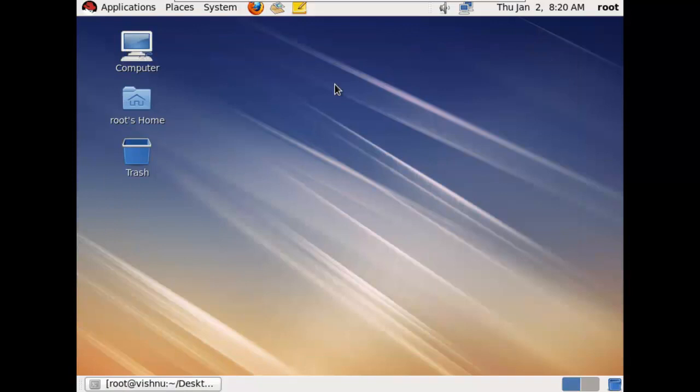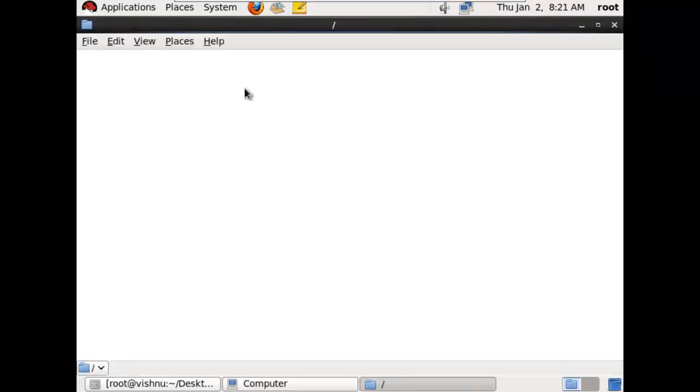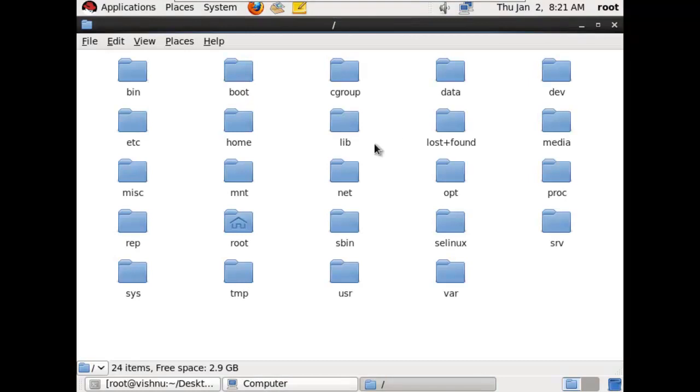In this way guys, you will not understand whether this SDB2 is mounted successfully into that folder or not. So for that you have to go inside the file system, and here we have created a folder named data. So here is your data named folder, and at the present moment, if you are in the root drive, then here you can see that the free space is 2.9 GB, meaning the root drive has only 2.9 GB of free space, on which all the folders are created.